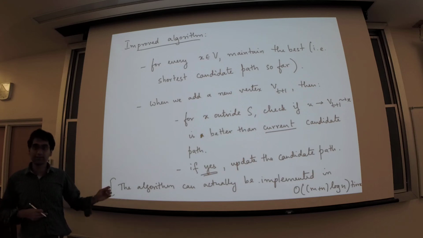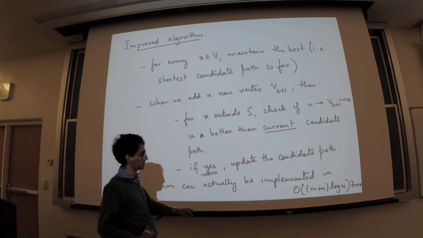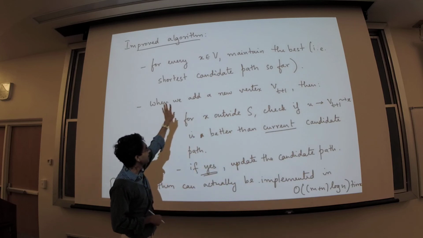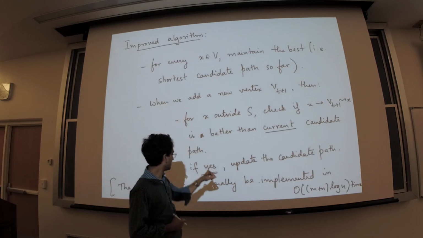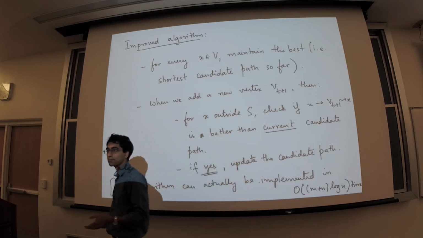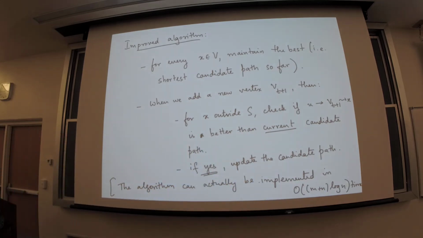So that's a nice feature of this algorithm. Okay, if you are careful with how you maintain this candidate distance, then you can actually implement this algorithm in just m plus n times log n. Okay. So I haven't gone through the full details, but I will post it.